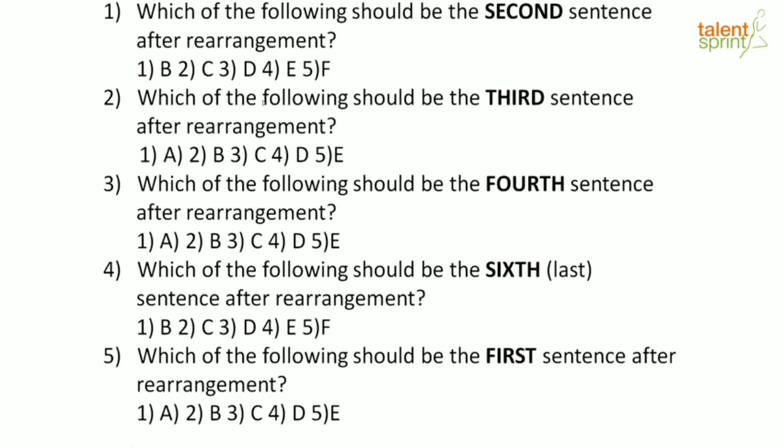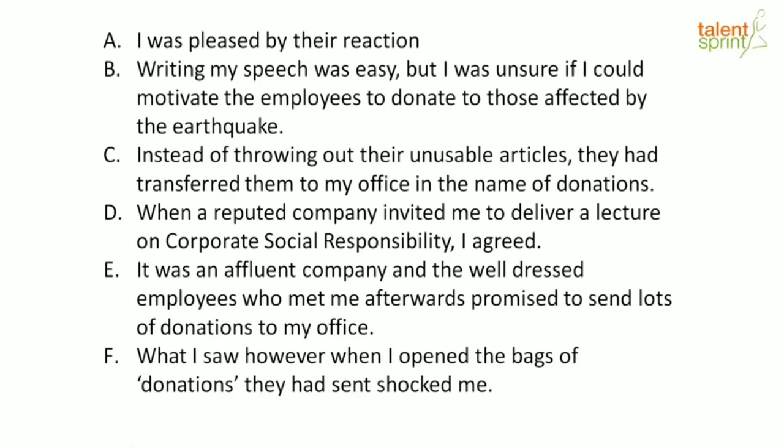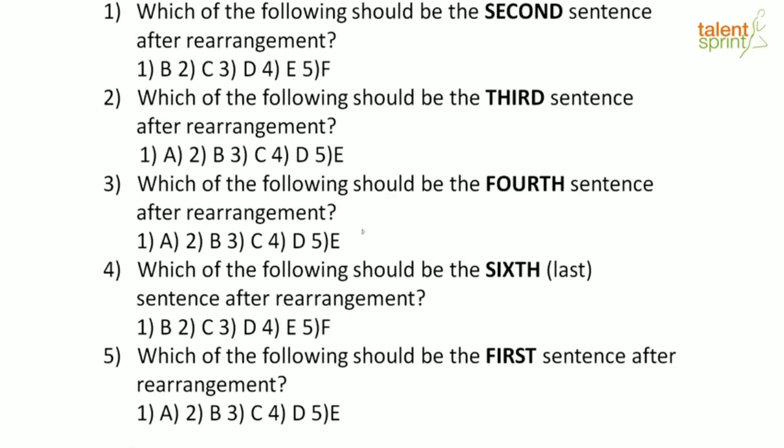In the second question, which of the following should be the third sentence after rearrangement? The third sentence is him going to the company itself, right? So it was an affluent company, so that would be E. So the third sentence would be E, and that would be option 5 for the second question, right? What about the third question?